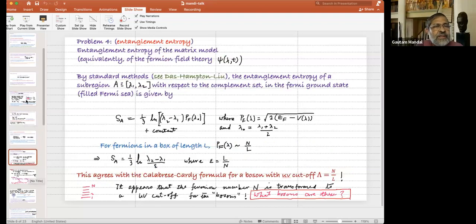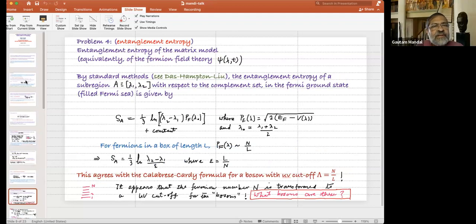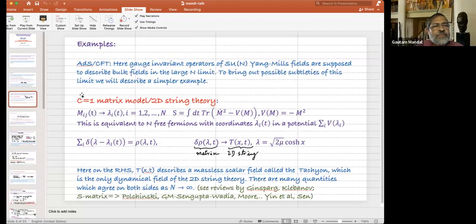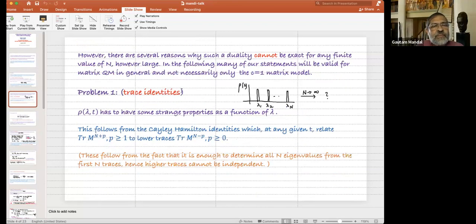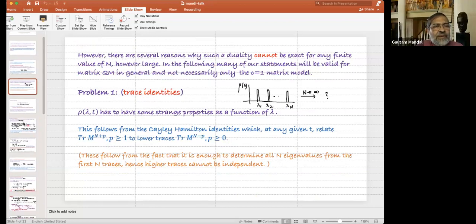Let me recap. We mentioned 4 problems. One is a problem coming from trace identities, which says that rho of lambda t is a constraint function.